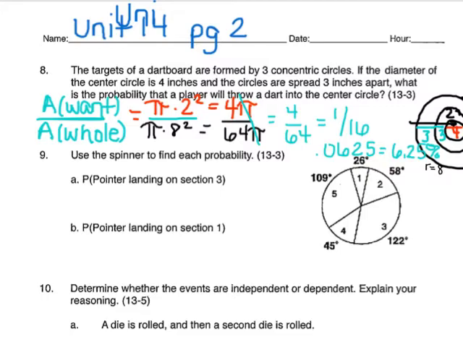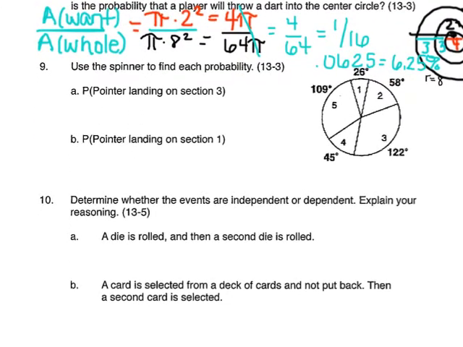Okay, for number 9, another spinner question. Remember that in a circle you've got 360 degrees. So the probability of any section is just the degree measure of that central angle over 360. Section 3 here, it tells me, is 122. So my probability would be 122 out of the whole thing, which is 360. If I reduce that as a fraction, I end up with 61 over 180.